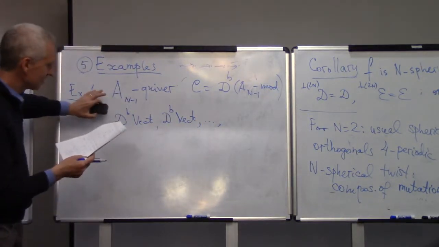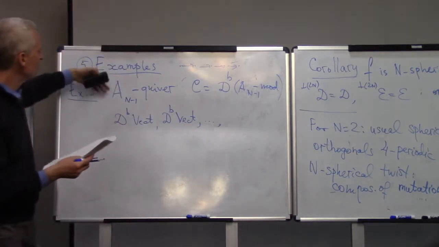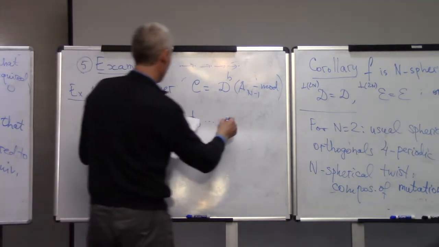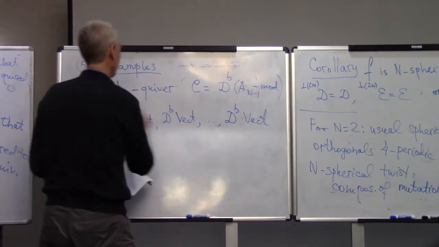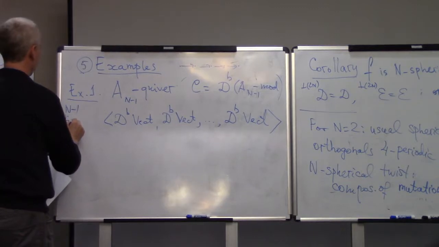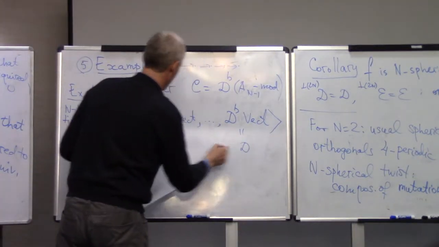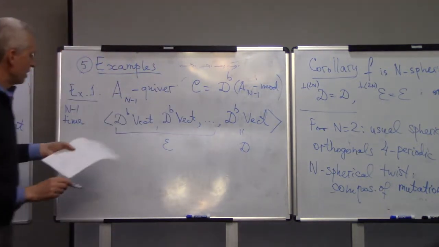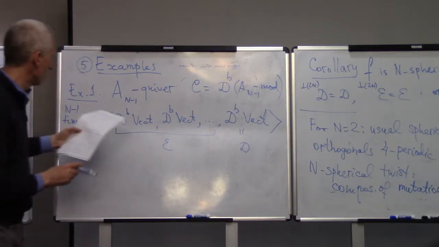Yes, so let me consider this hierarchy. So first of all, let me just write what I want to say. There will be n minus 1 copies of D^b of a vector space. Suppose this category is D, and everything else is E. Then it's rather easy to see that the orthogonals will be periodic.